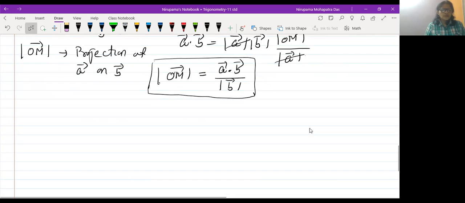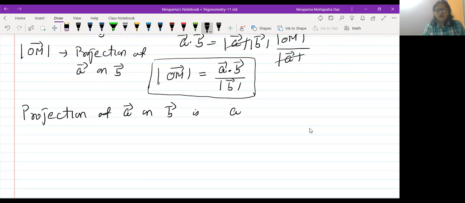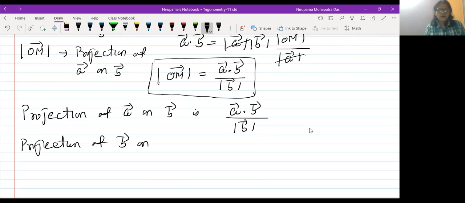So we can conclude the projection of vector A on vector B is A dot B divided by magnitude of B. If I say projection of vector B on vector A, that will be B dot A, or A dot B, no problem, because A dot B equals B dot A, divided by magnitude of A. Since we have taken magnitude of OM as the projection, and on the right-hand side A dot B is a scalar and magnitude of B is a scalar, this is also a scalar.